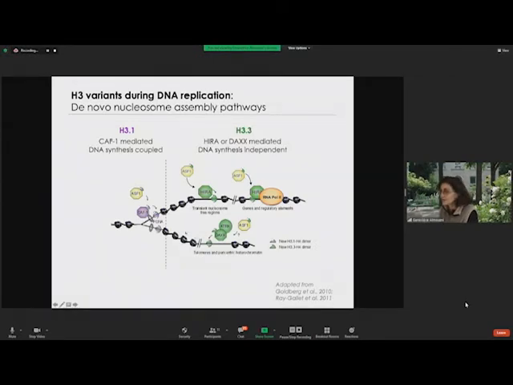And this is a simple summary where, concerning the variant during DNA replication, the replicative variant is deposited in a CAF1 mediated pathway in a manner that is coupled to the replication fork. Given that CAF1 can interact with PCNA, that enables deposition with the progression of synthesis. And then for the H3.3 variant, it's HIRA or DAXX that can ensure deposition in a DNA synthesis independent manner.